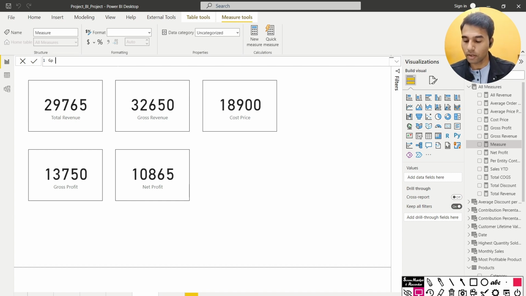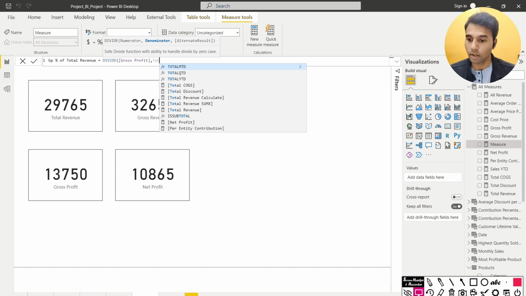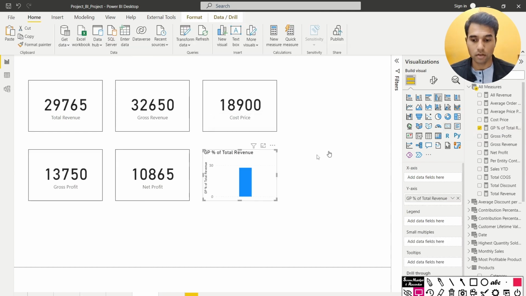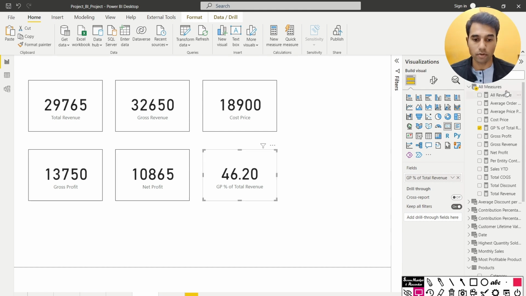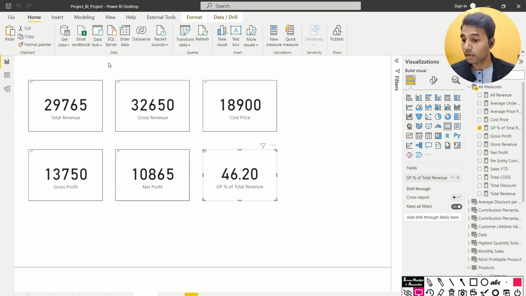GP stands for gross profit, percentage of total revenue is equal to divide GP, which is gross profit, divided by total revenue. And I'll just multiply it by 100 because we want a percentage value. So this gives me gross profit as a percentage of total revenue, which is 46.20 percent.